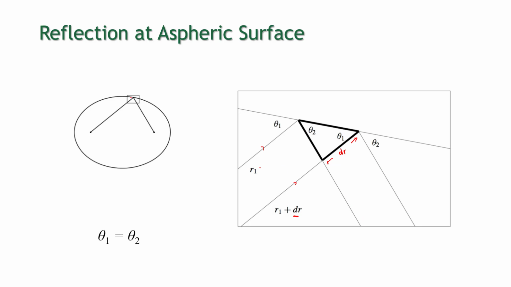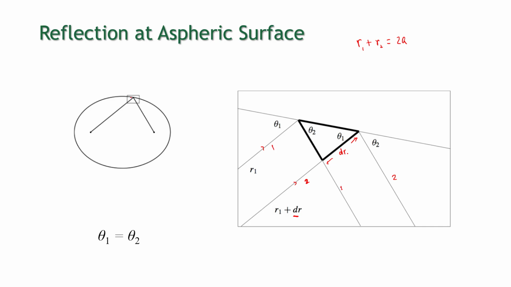So let's call this 2 and this one 1. If 2 is dr distance greater than this one, then its reflection, this 2, would be dr distance shorter than this one, because we want to again fulfill this criteria.